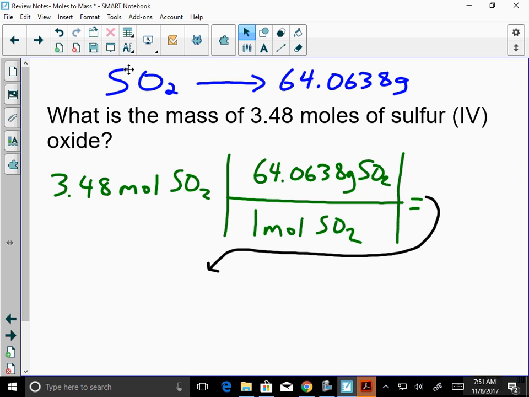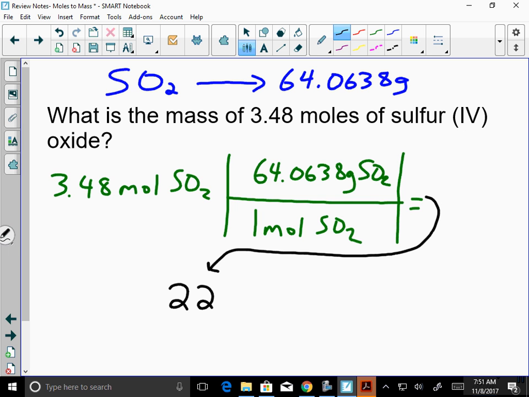So I'm taking the 3.48 and I'm multiplying it by the 64.0638, and I'm coming up with an answer that has 3 significant figures. So my answer is going to be 223 grams of SO2.